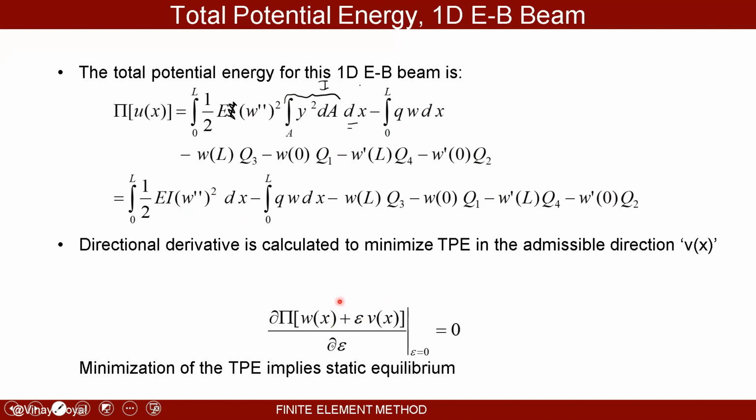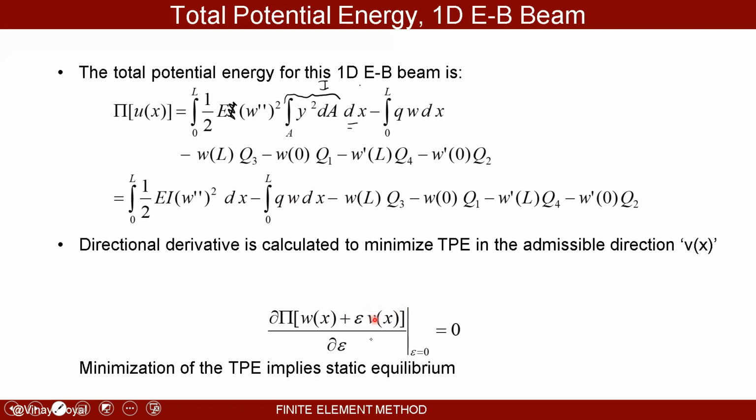So again, I want to find W that minimizes pi, because the W that minimizes pi is the one that solves the governing equation for the beam. I want to find what W minimizes pi. To do that, I already told you I have to take W and add a small arbitrary function.